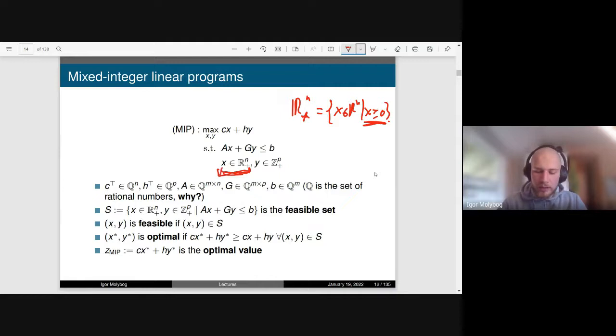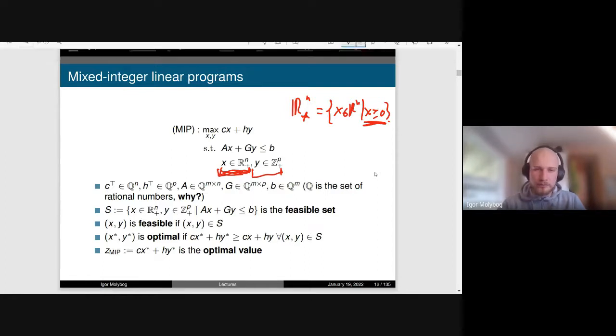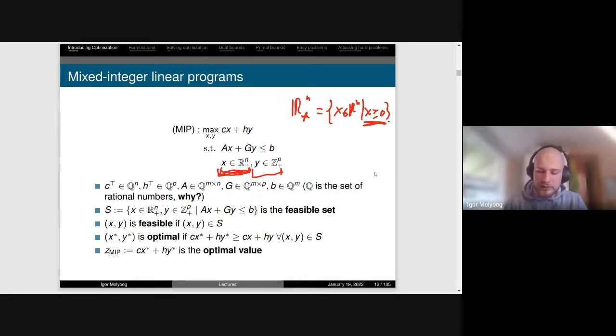We are allowing some of our vector to belong to a continuous space, and some other vector we only restrict to have integral values. Our set of constraints is still given to us through a system of linear inequalities, and our objective function is still a linear function.